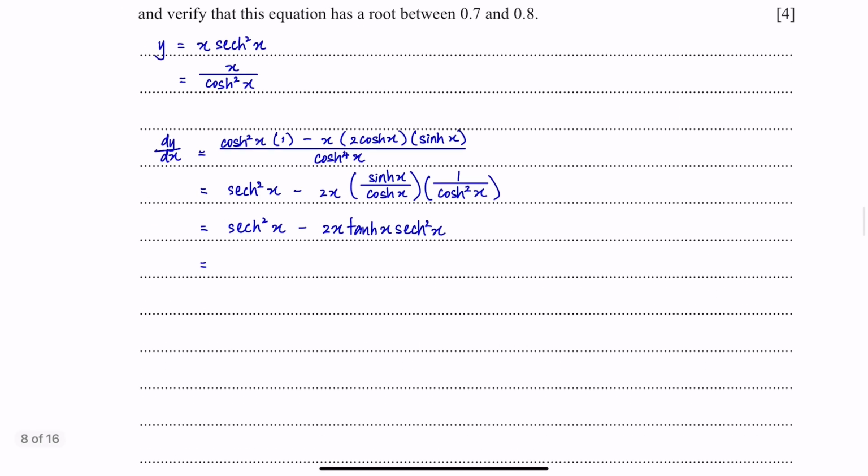And I can factorize sec squared out to get sec squared x times (1 minus 2x tan x).